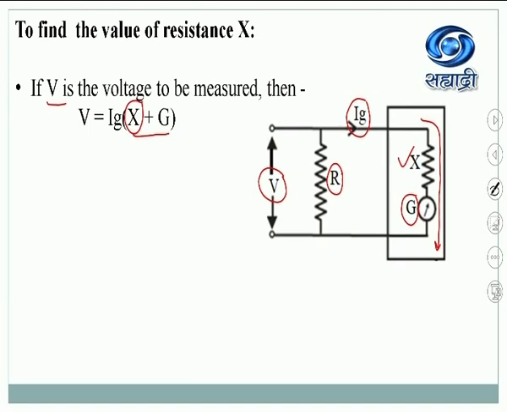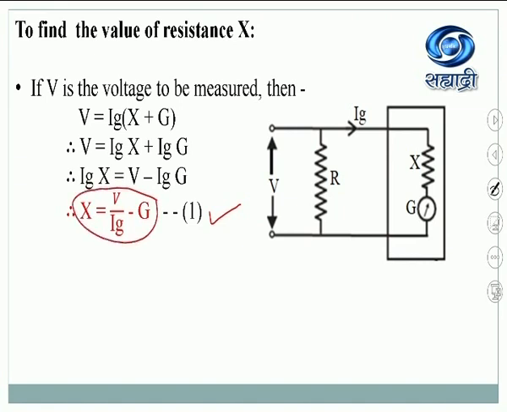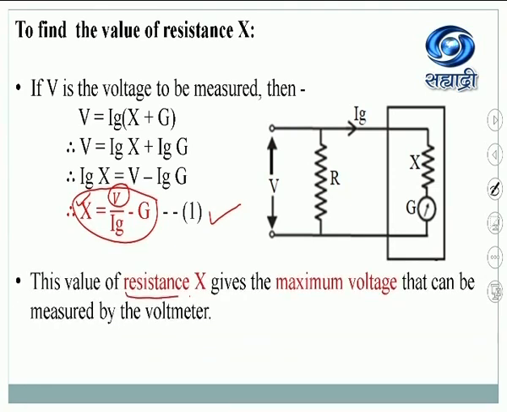So we have V equal to Ig into (X plus G), that is equal to Ig X plus Ig G. Just solving, we get Ig X equal to V minus Ig G, or X equal to V upon Ig minus G. This is the equation with which we can calculate the high resistance required to connect in series with the coil of the galvanometer to measure the maximum voltage V. This value of resistance X gives the maximum voltage that can be measured by the voltmeter.